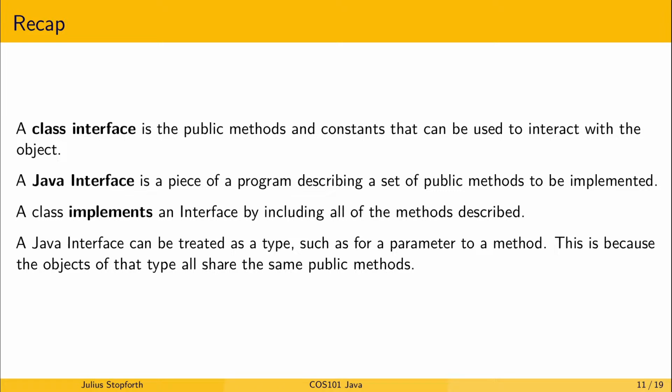And a Java interface can be treated as a type, such as for a parameter to a method, or elements in an array. This is because all of the objects of that type share the same public methods. Being treated as a type is part of polymorphism. My handwriting is terrible today.